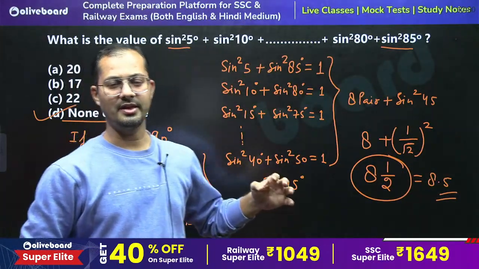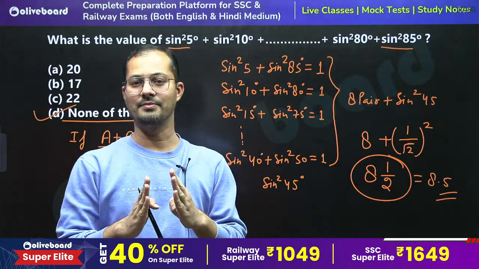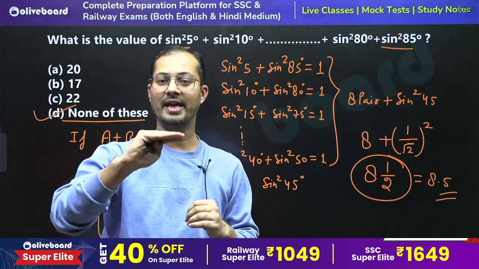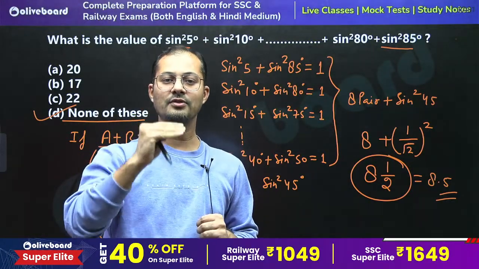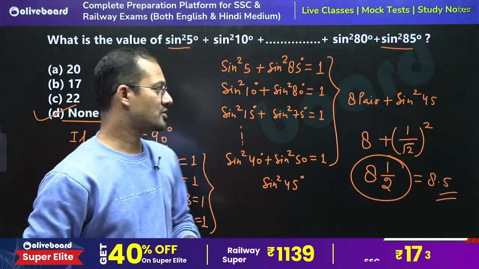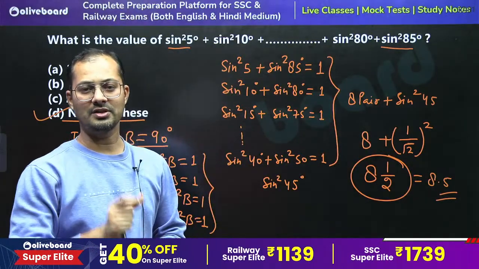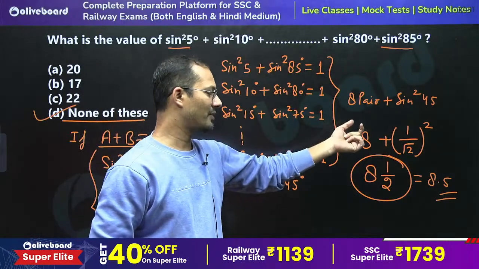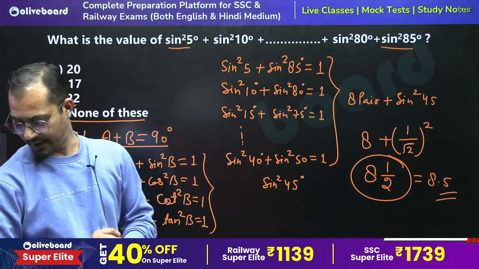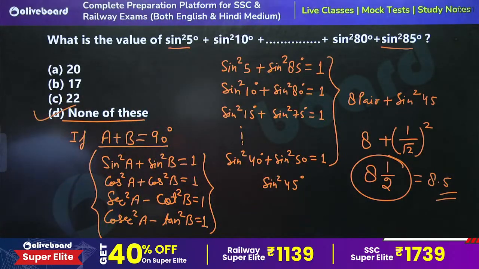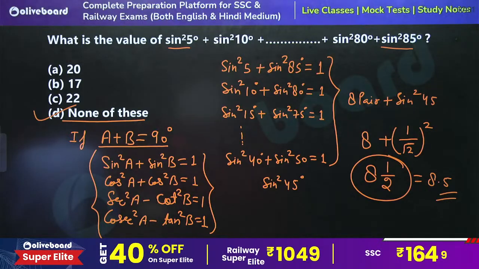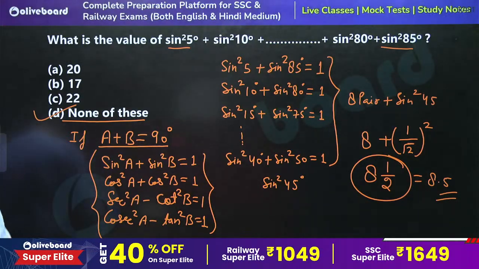Out of 17 you will get 16 terms. From these 16 terms you will get 8 pairs, and the value for one pair is going to be 1. So 8 pairs will give you 8. And now the remaining term, or the left term, is sine square 45, right? So the answer is D. D daredevil is the right answer.